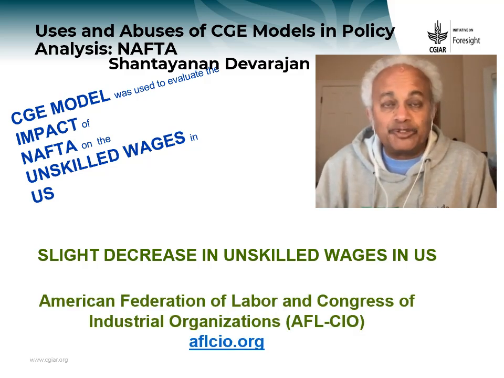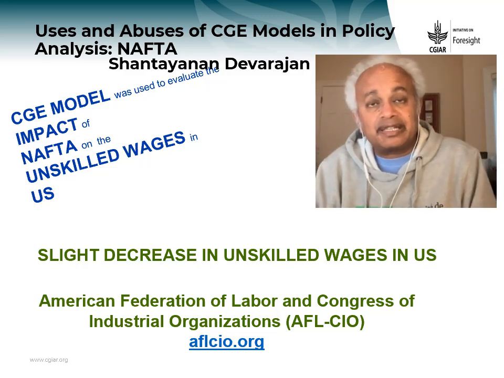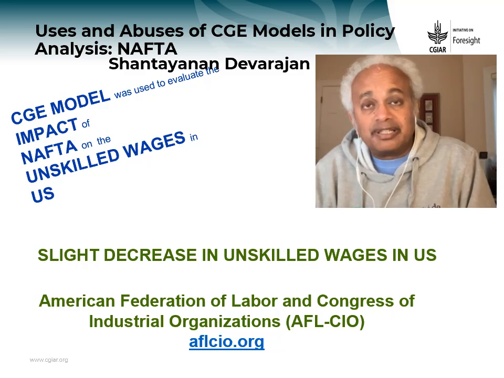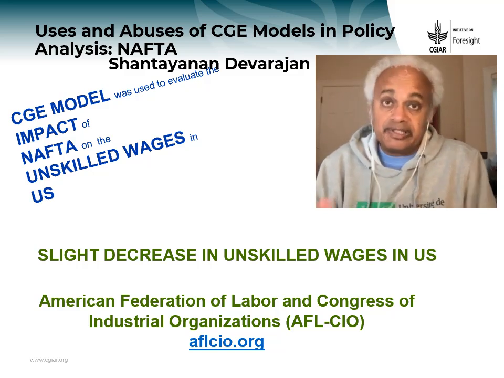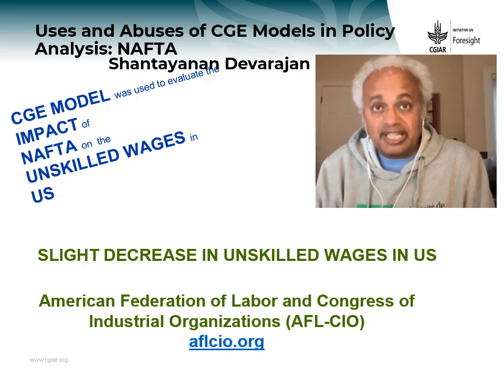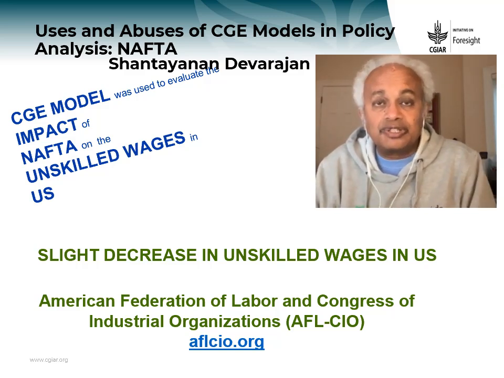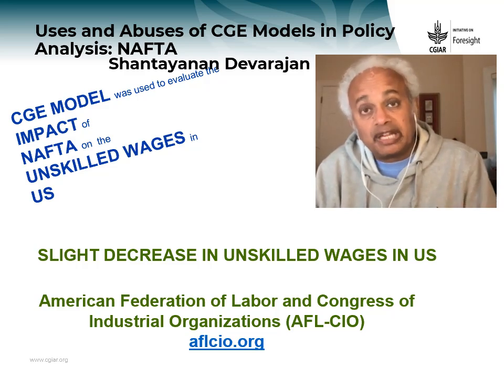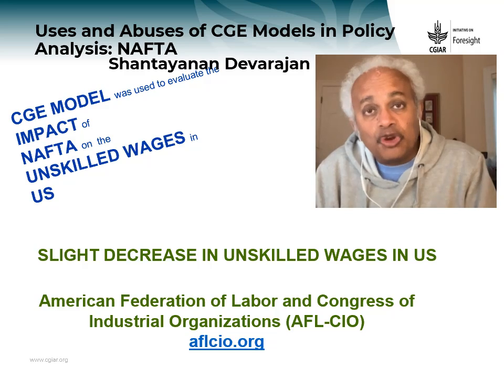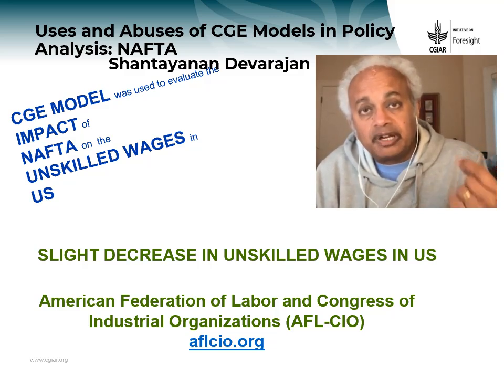But nevertheless, the AFL-CIO found out about it and suddenly started broadcasting that as a result of NAFTA, 60% of American workers would suffer. Now, this created quite a sensation, and the agency that had previously chosen not to publish the study had to publish it and had to show it, because what the study showed was that real wages for unskilled workers would fall by 0.02%.